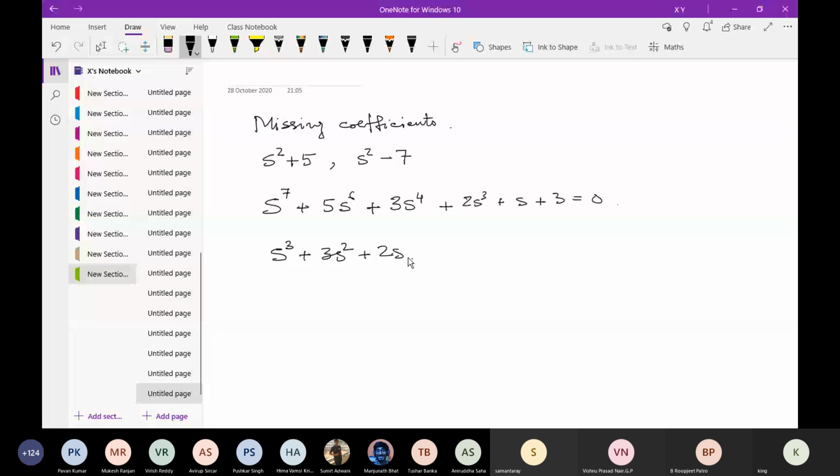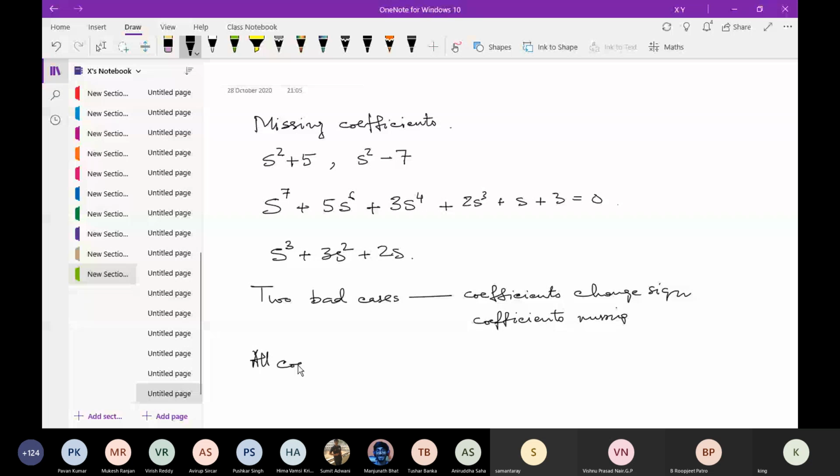So we can't predict. So two bad cases are, and when you have all coefficients having same sign, it is, can't really say.